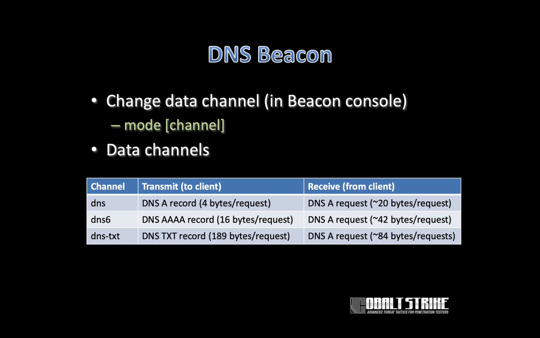But DNS and DNS6 will actually cut that value down. The reason they do this is because in some networks, very long host names are automatically denied and just cut off. So the mode command, even today, even as a pure DNS beacon, is still a way to recover the agent if your initial C2 scheme isn't working for you.